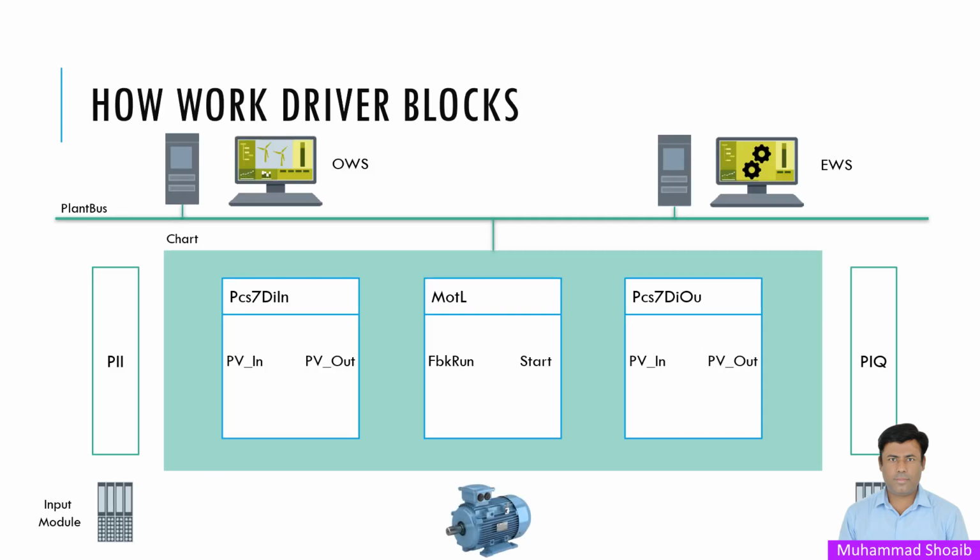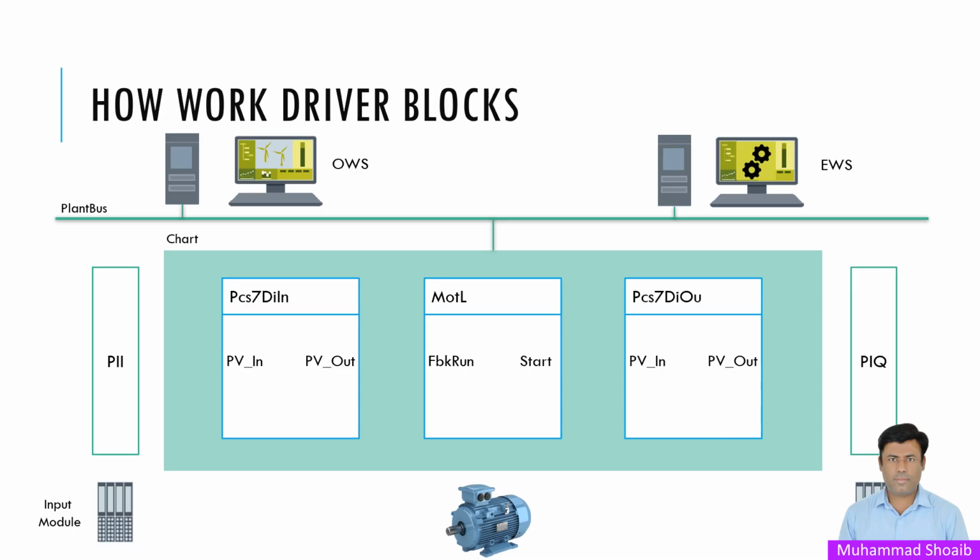So here is the system architecture of the driver block, how the driver block works in the PCS7 environment. The control signal from a channel of the output module is wired to the motor, and the feedback signal from the motor is wired to the channel of the input module.